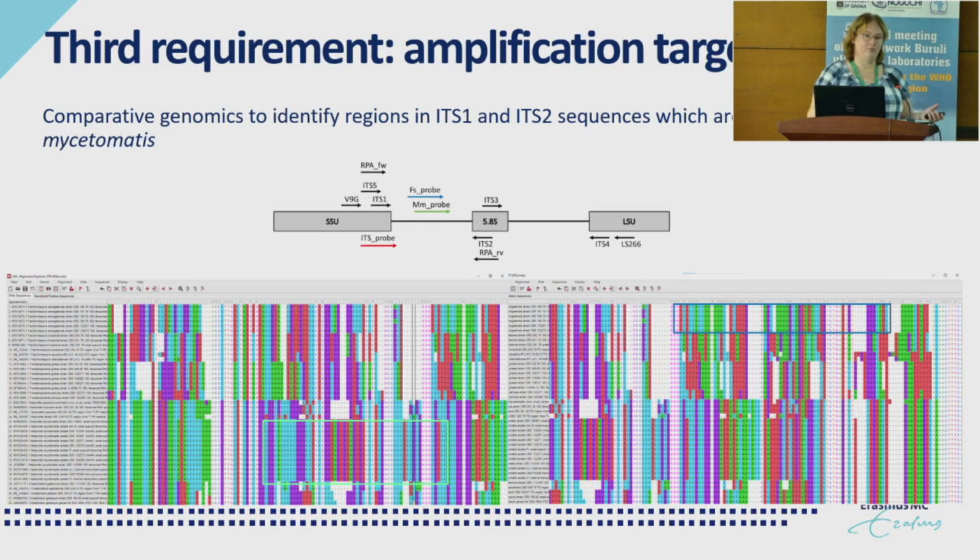So for the fungus, the barcoding region is the internally transcribed spacer region. And there are 2 regions. This is ITS region 1, ITS region 2. And because the size needs to be small, like in a real-time PCR, we chose this region. So we chose our reverse primer over here, forward primer over here, and 2 specific probes.